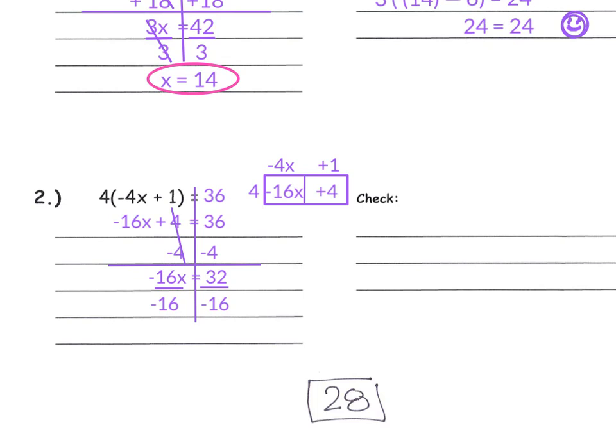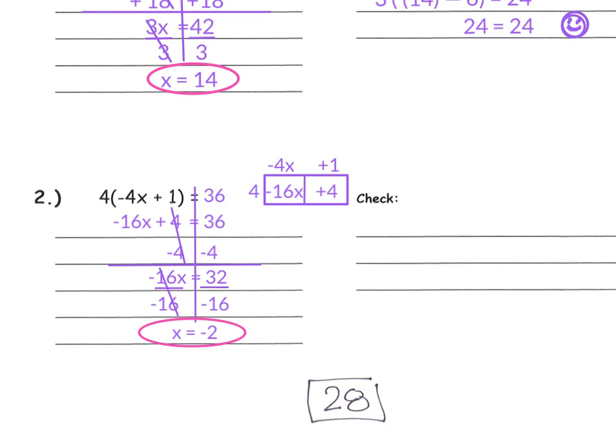So again, anything divided by itself is 1. So we have this negative 16 divided by negative 16. That ends up canceling. So then on the left side, I'm left with x. And then on the right side, we have 32 divided by negative 16. 32 divided by negative 16 is negative 2. So my answer here is x equals negative 2.